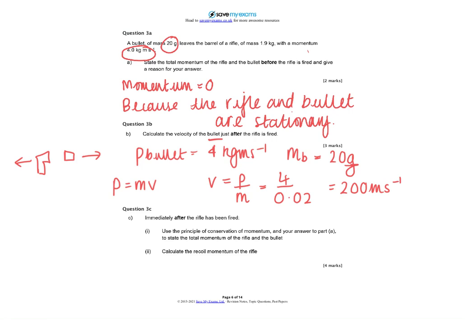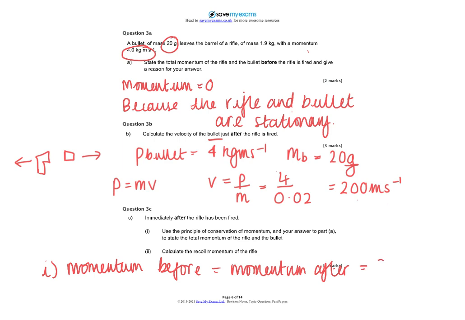Question 3C is talking about after the rifle has been fired, state the total momentum of the rifle and the bullet. So for the first part, we're going to say momentum before equals momentum after.